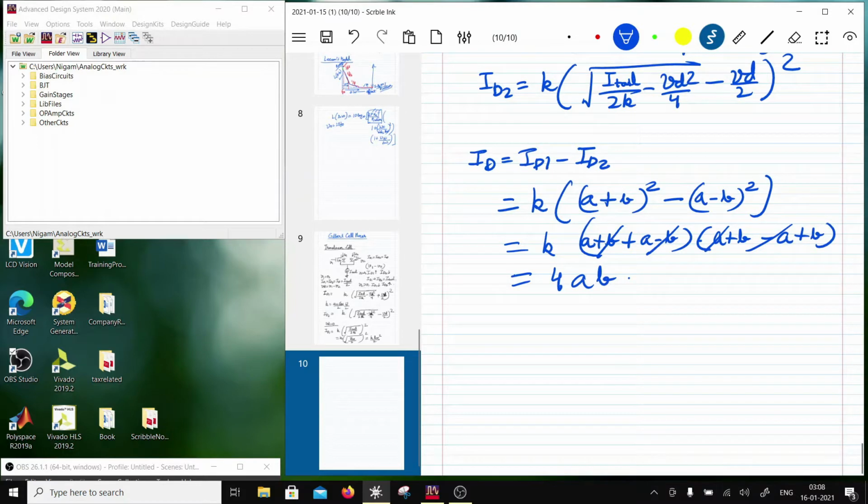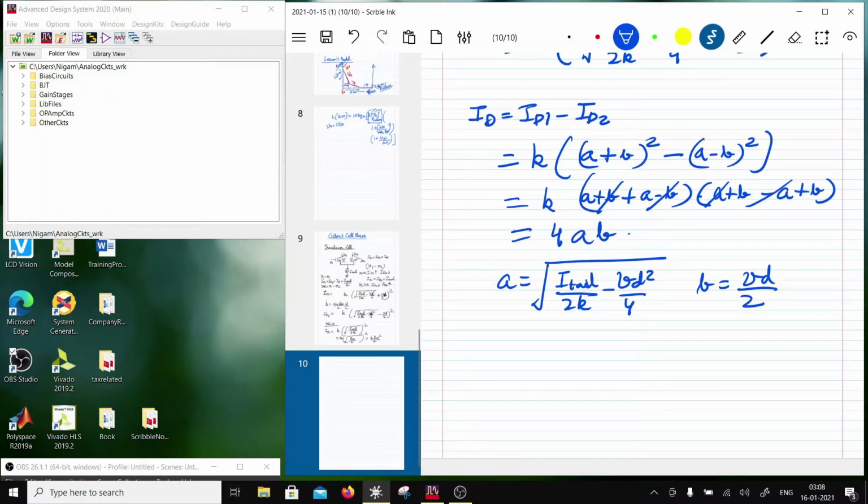In this case, A is equal to square root of I tail by twice of k minus Vd square by 4, and B is equal to Vd by 2. Am I right?